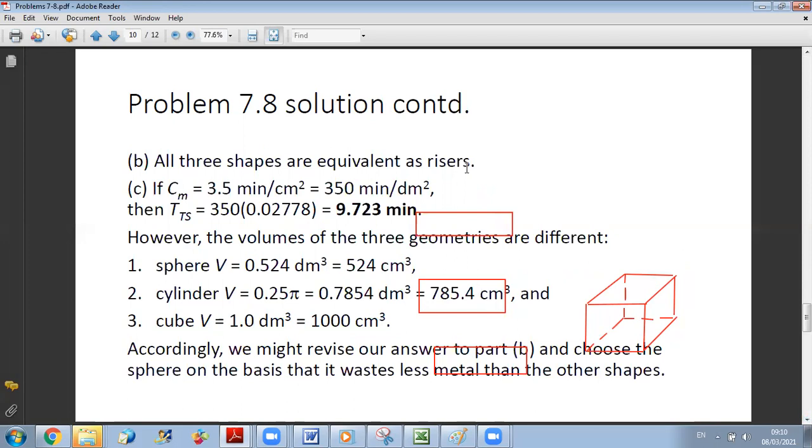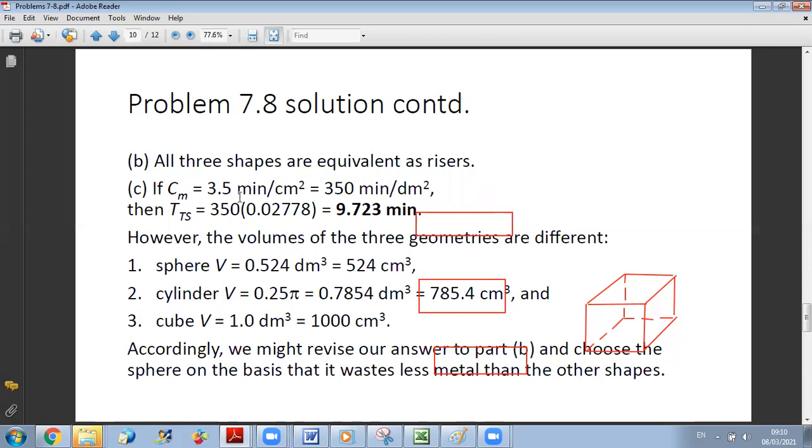Okay, now before the selection, they asked to calculate the solidification time if the mold constant is given. So they gave us a mold constant of 3.5 minutes per centimeter square, which is equivalent to 350 minutes per decimeter square. So pay attention to your units.